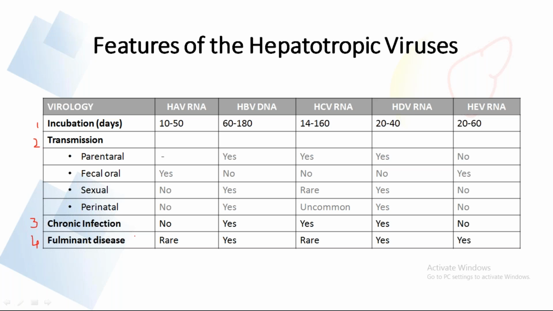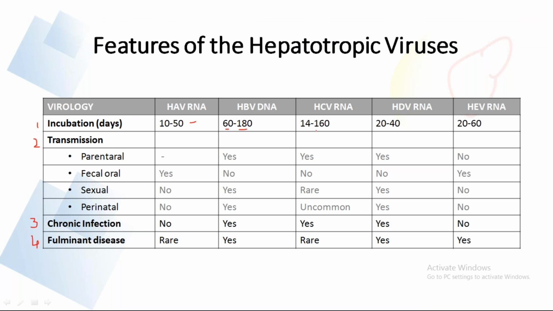Incubation period is less for hepatitis A, 10 to 50 days. Where this ends, hepatitis B starts, because after 50 days, the next is 60 to 180. Easy to remember. So where hepatitis A ends, hepatitis B incubation starts approximately. This is 50, give or take 10 later.